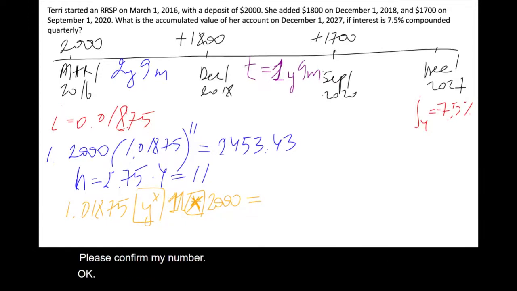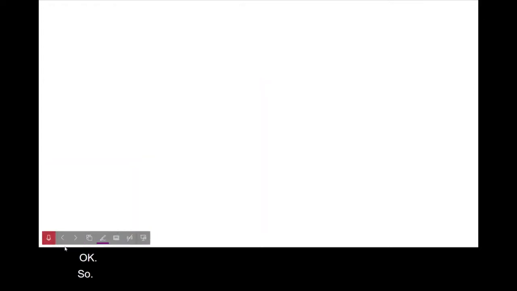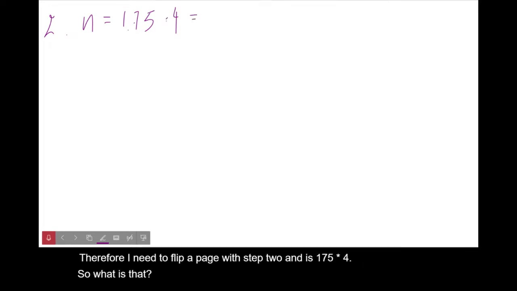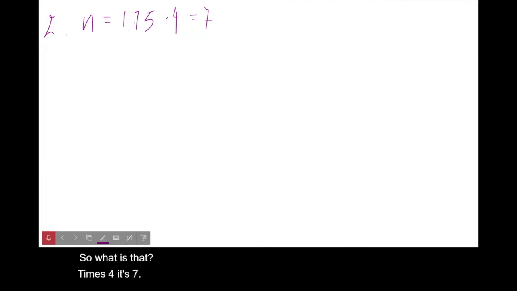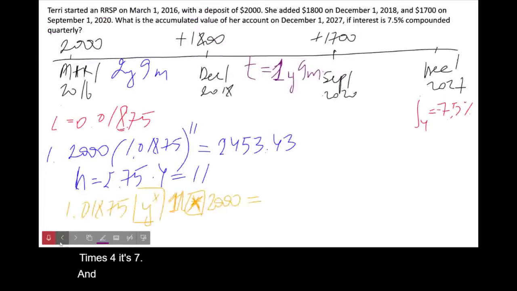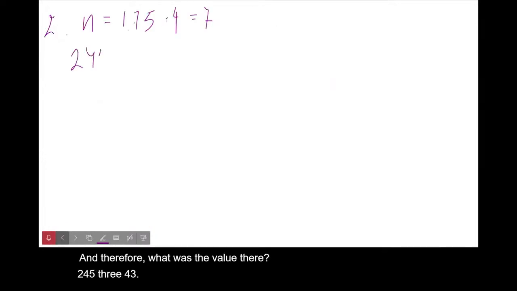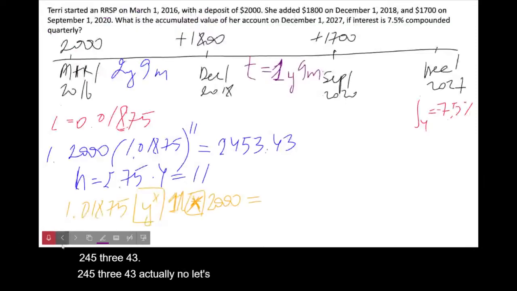Okay. Therefore I need to flip a page. For step 2, N is 1.75 times 4. What is that? It's 7. And what was the value there? 2,453.43. Actually, no. Let's do it this way. Let's add the deposit here, right?